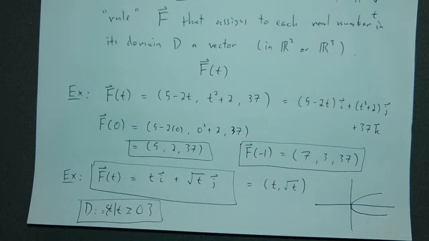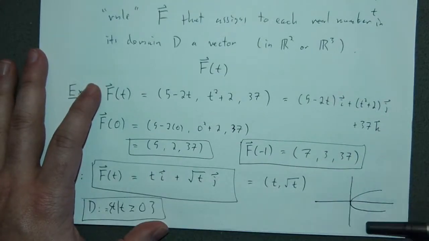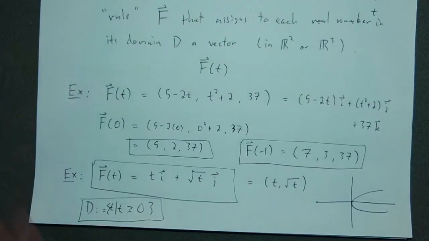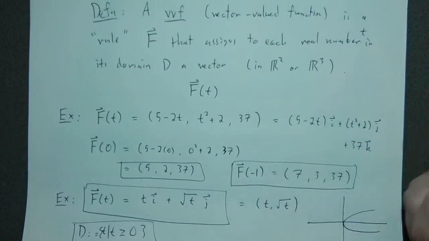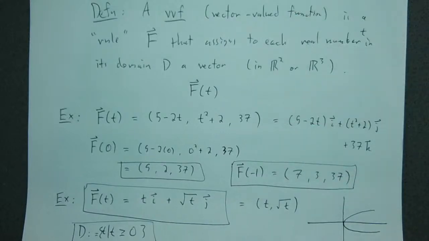So I'm jumping ahead of myself talking about parametric curves and why we can do this without it failing to be a function. Okay, because for this vector valued function, the only requirement is that this assignment is done in a way that's not ambiguous.